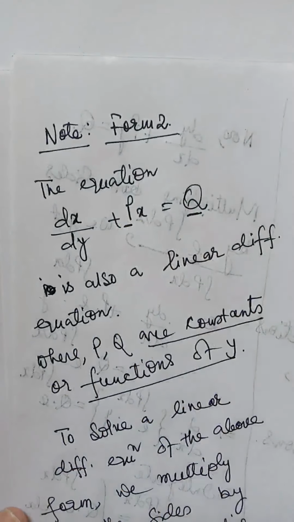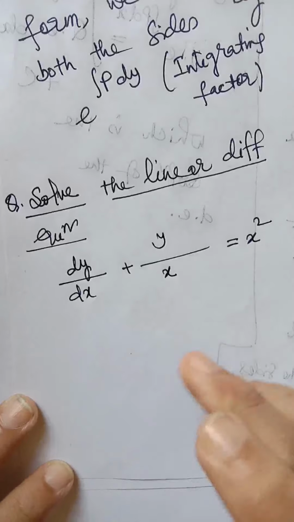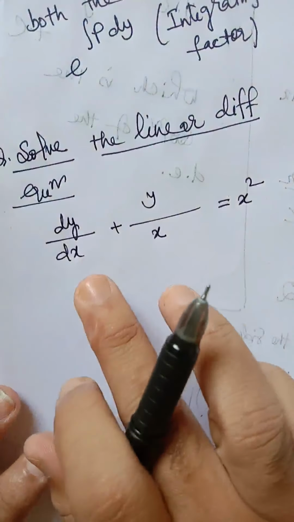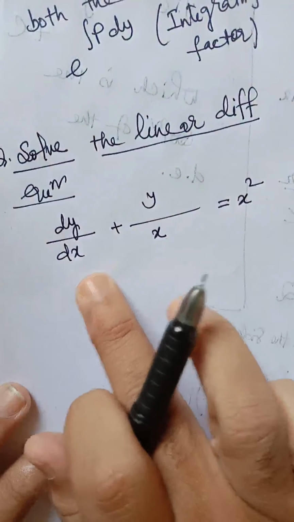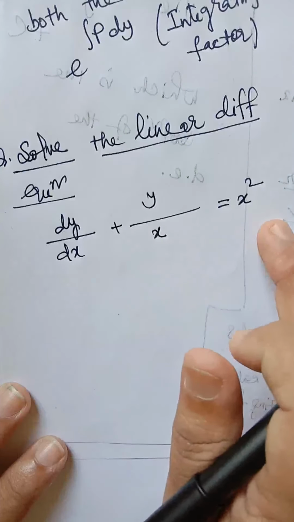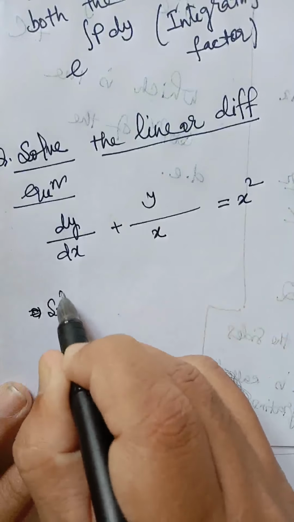Now let us solve some questions. I have taken one simple question from the NCERT book. To solve the linear differential equation, dy by dx plus y by x equal to x square. Let me write the solution first.